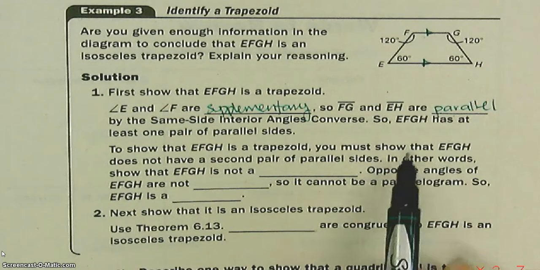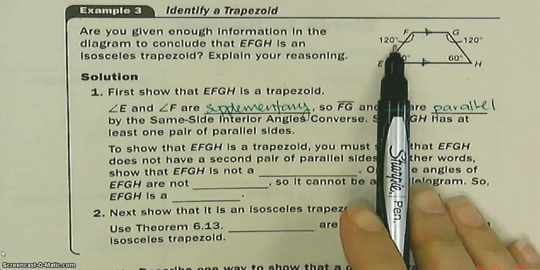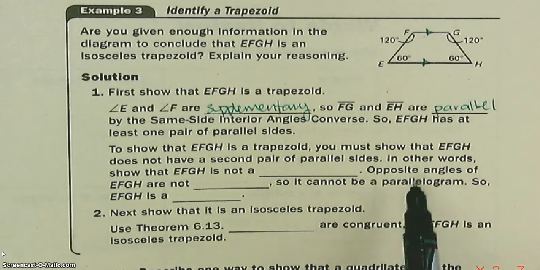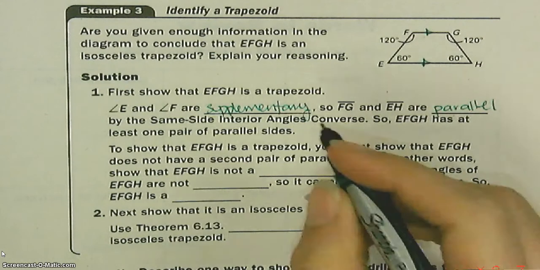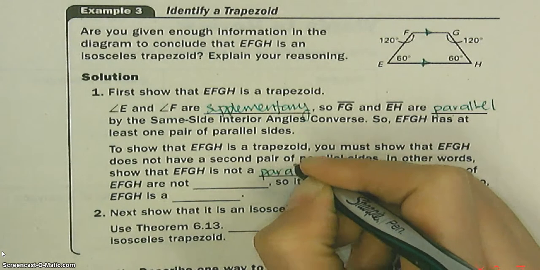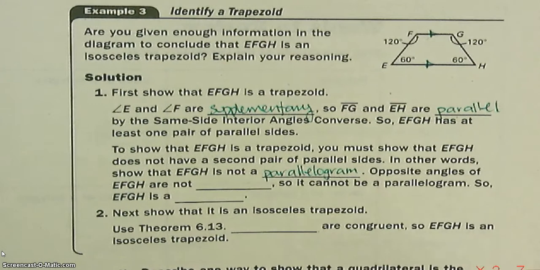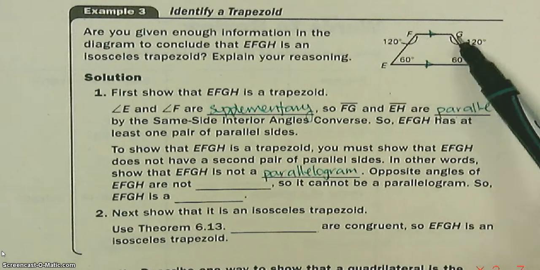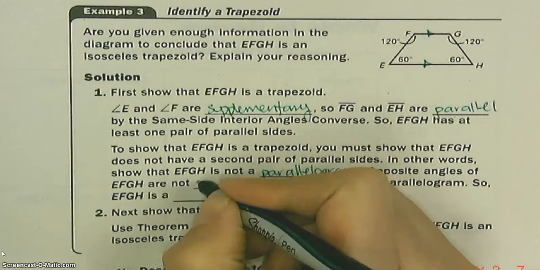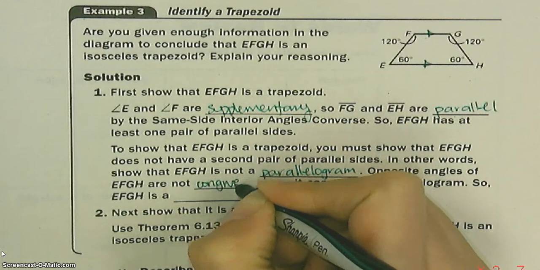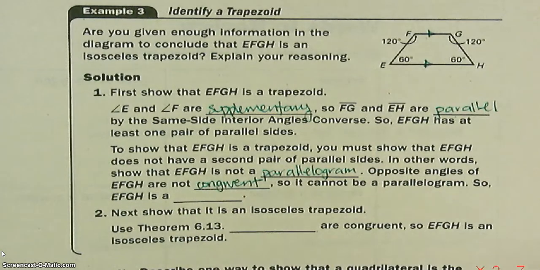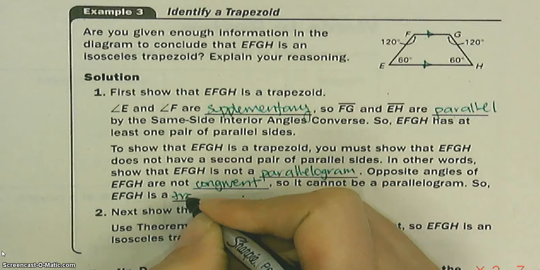So that's a trapezoid. But we also have to show that it's not a parallelogram. Since the opposite angles are not congruent, it's not a parallelogram. So it has to be a trapezoid, right?